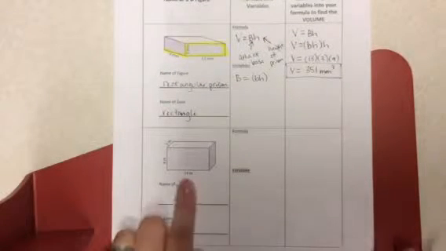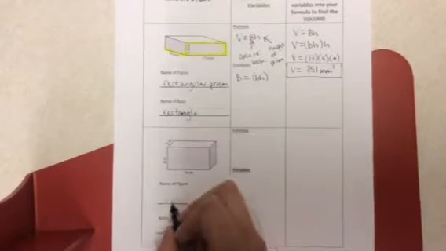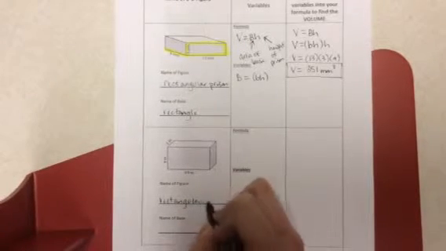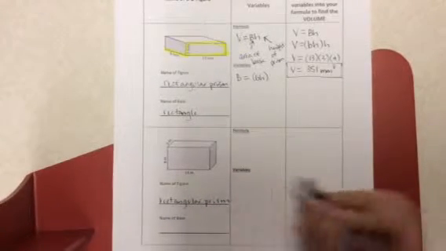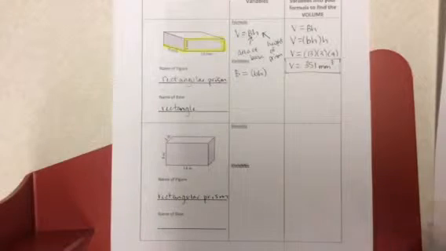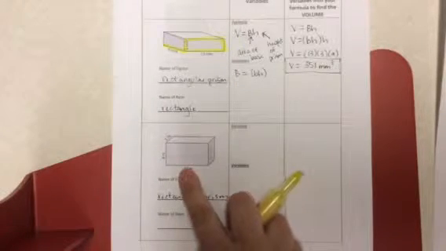Okay, let's go on to the next one. The next one is just like the first one. Let's identify what figure this is. This is a rectangular prism. Okay, and the name of the base. So let's go ahead and determine what our base is. It doesn't really matter, again, what our base is.